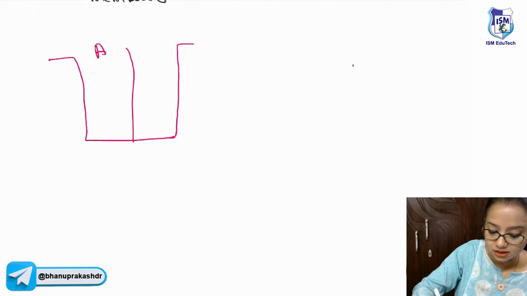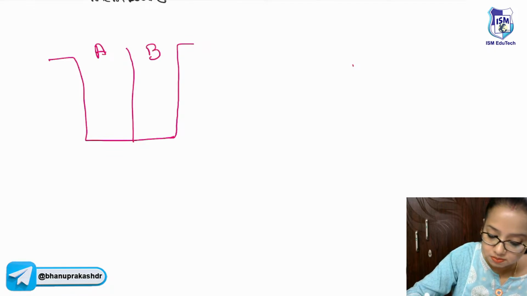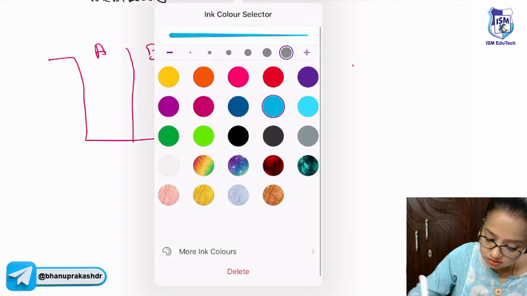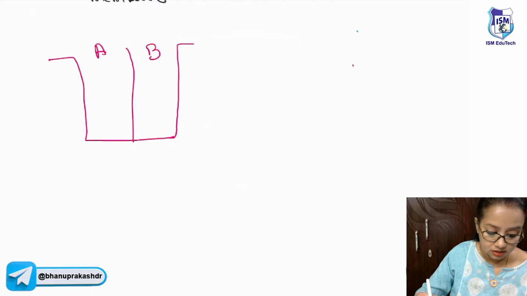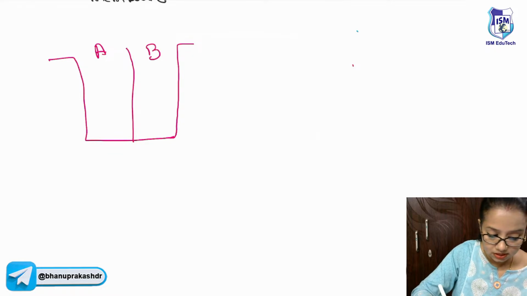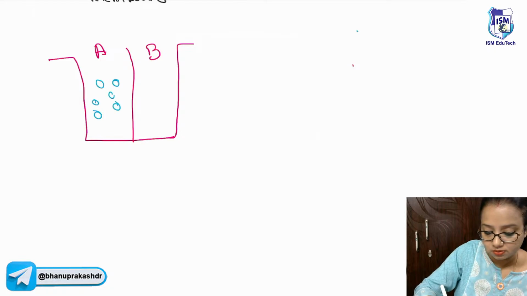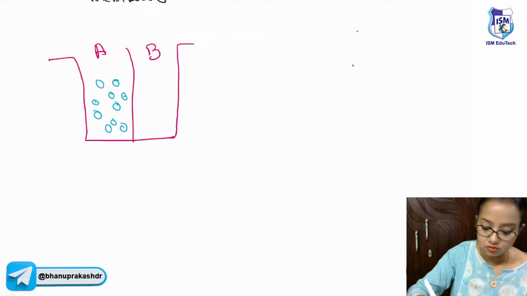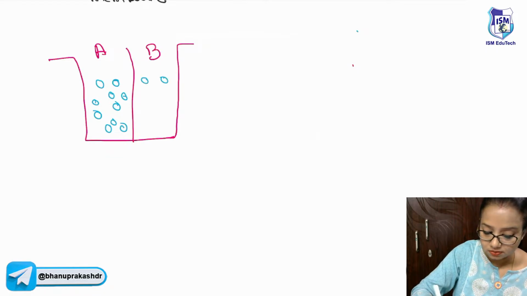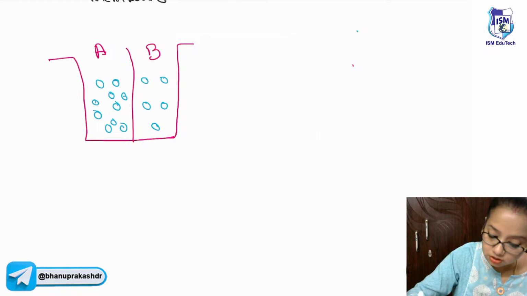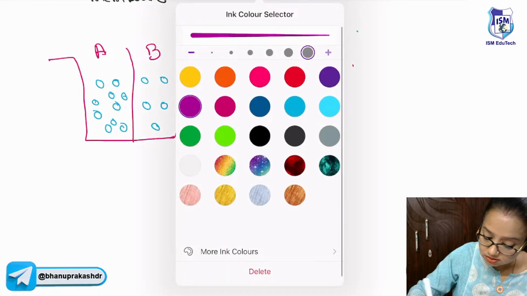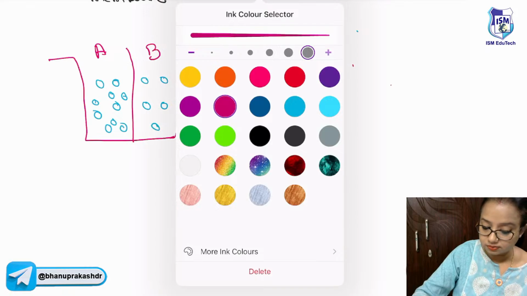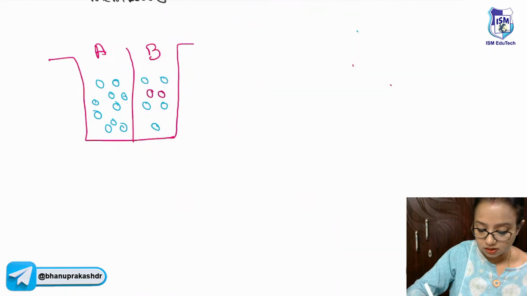This is compartment A and this is compartment B. Let us assume that in compartment A there is only the solvent, only water molecules, nothing else. Whereas in compartment B there are water molecules as well as some other solutes also.